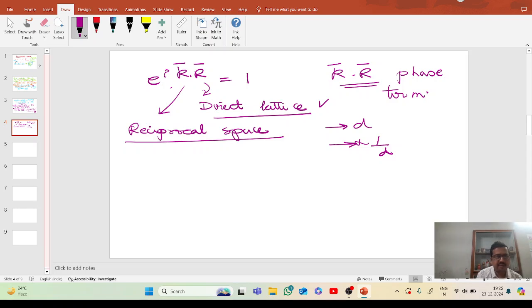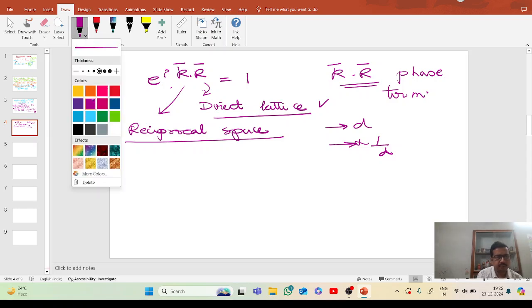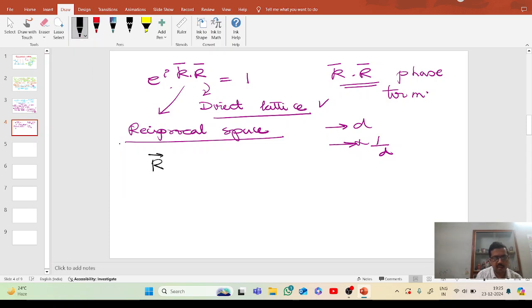Now we have already defined R to be u1 a1 plus, in three dimensions, u2 a2 plus u3 a3. a1, a2, a3 are the unit vectors along x, y, and z. Then k will also be in three directions, x, y, z.